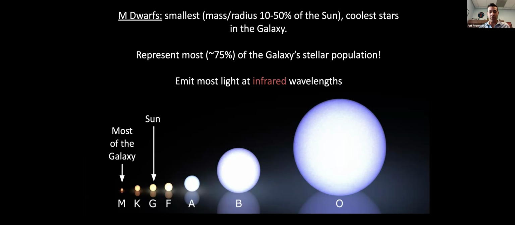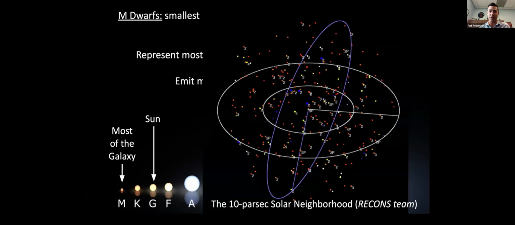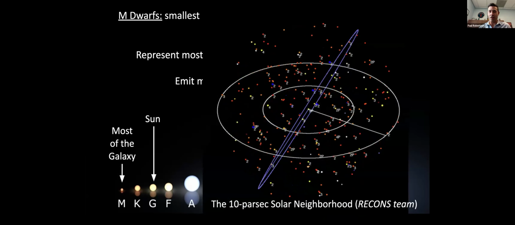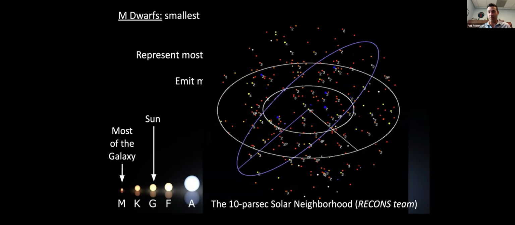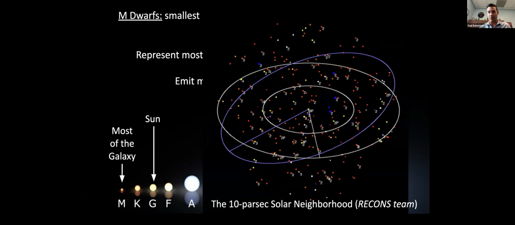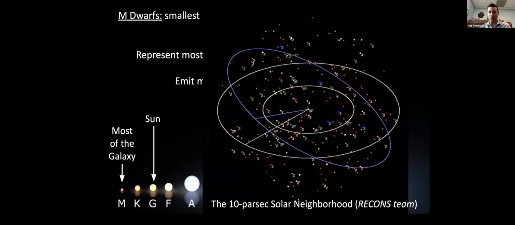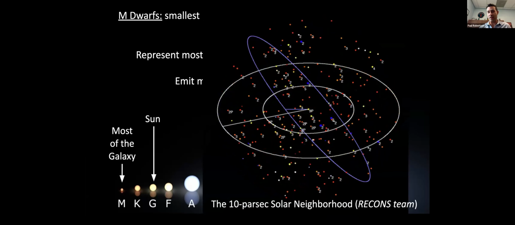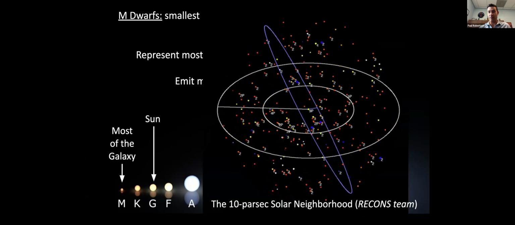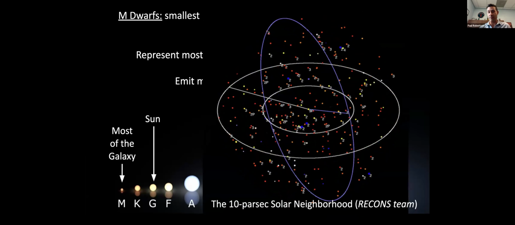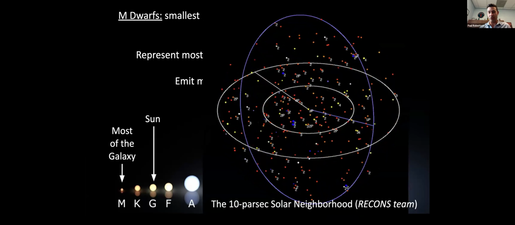And so maybe a better visual representation is this little animation of the 10 parsec solar neighborhood. And these stars are color coded by the temperature of the star. And so you can see a lot better that we're really dominated by this cool red population.